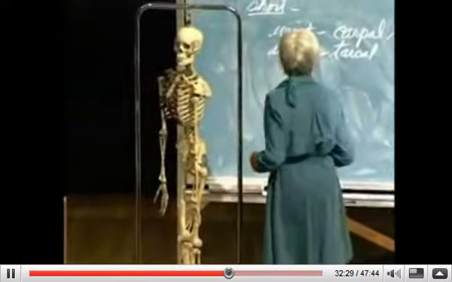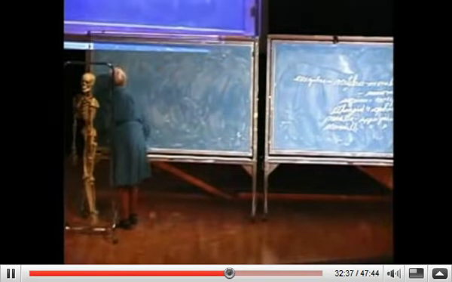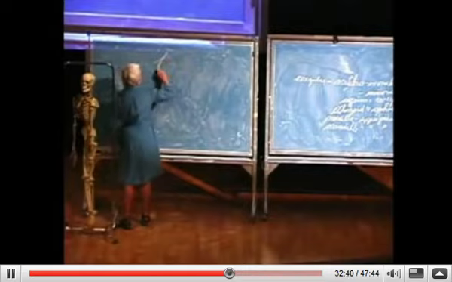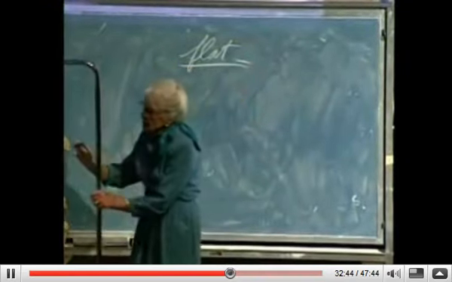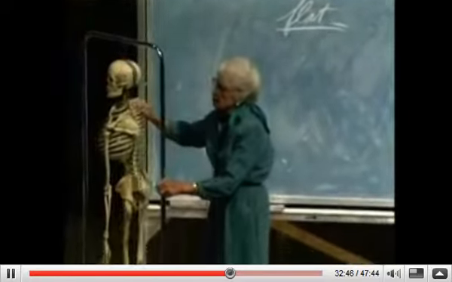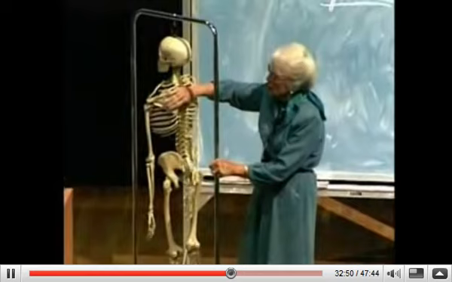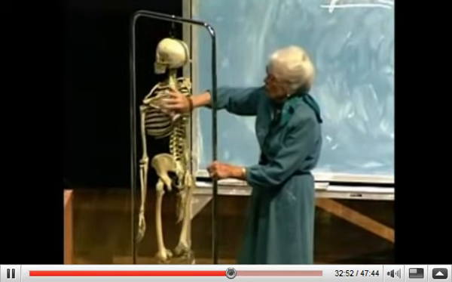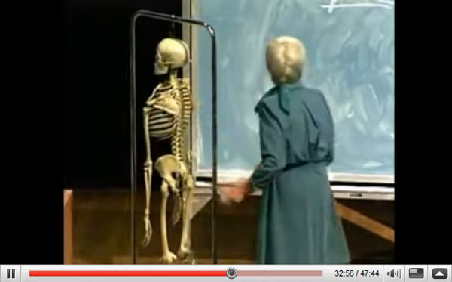Let's look at flat bones. Flat. Let's take the scapula because it's so obviously flat. You can see it at the posterior, superior portion of the back. Scapula is a flat bone.